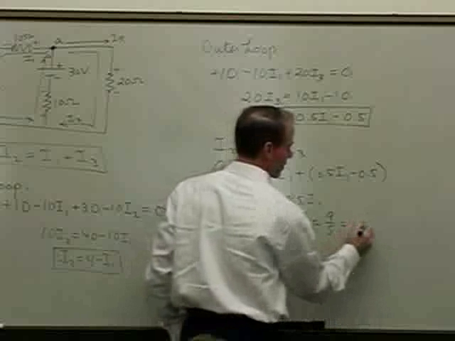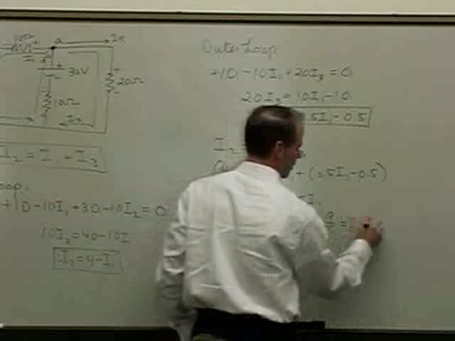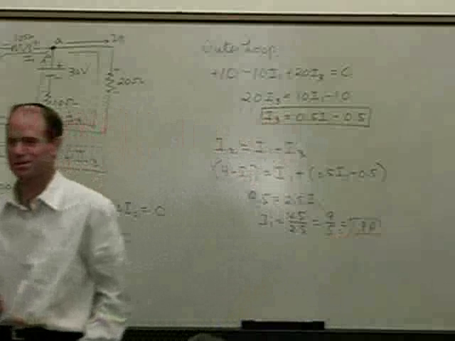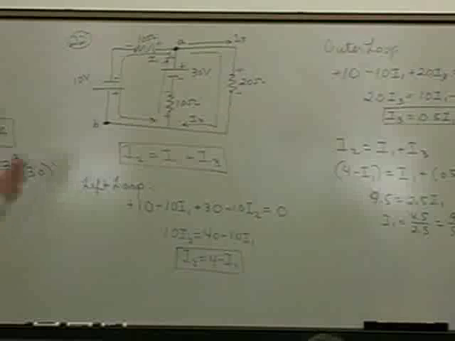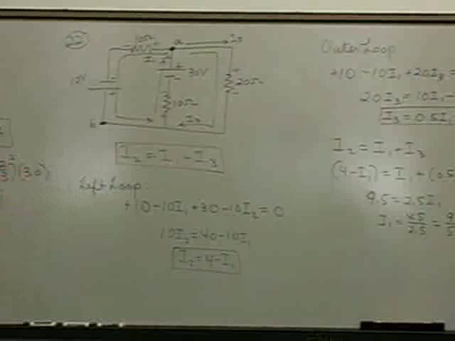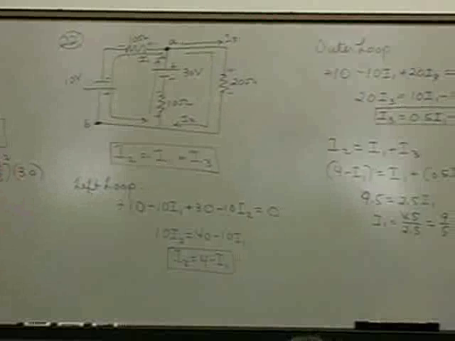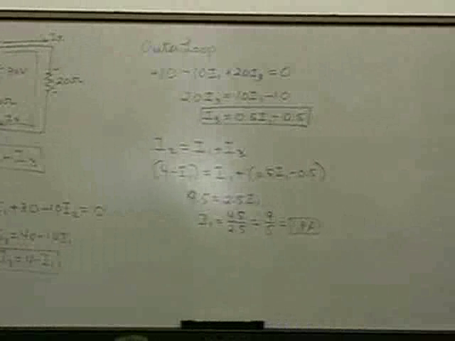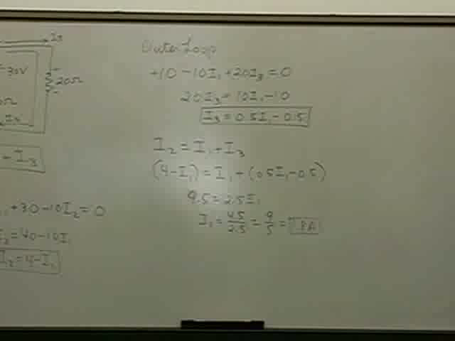So that calculation in my head, 1.8 amps. I had a voice in my head just kind of tell me what the answer was. So 1.8 amps, that's what's going through I1. Let's find the other currents just for fun.